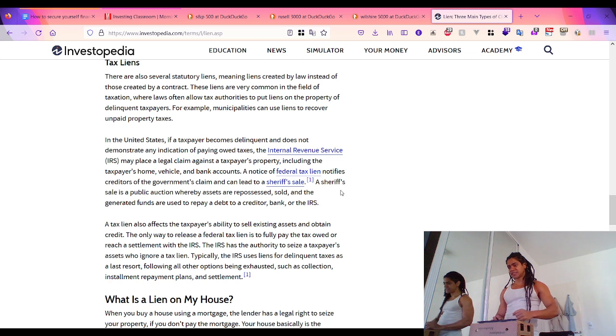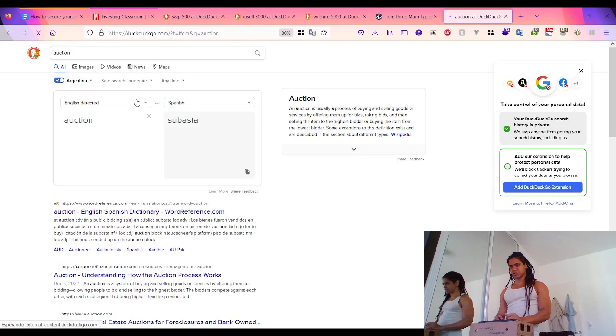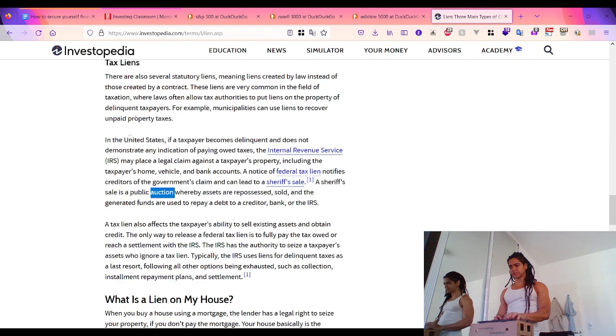A sheriff sale is a public auction. Auction is una oferta pública. In Spanish it is subasta. Una subasta pública.